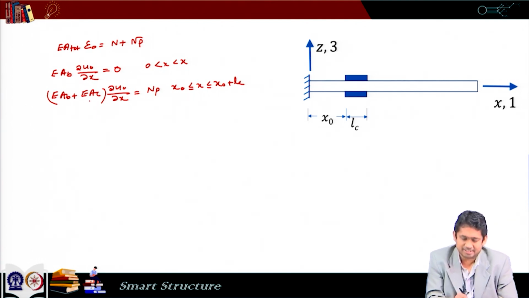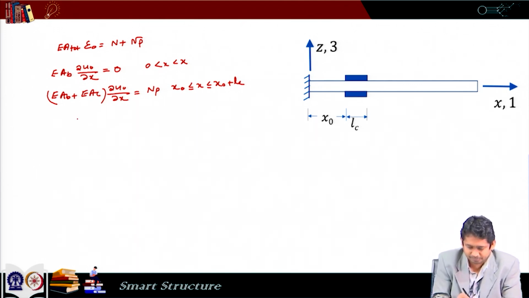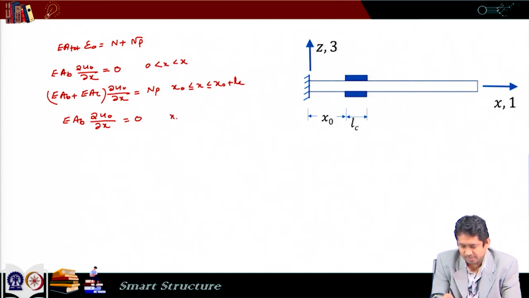Now, please understand here EAC has the contribution from both the piezos, and then again beyond that piezo zone we have EAB del U0 by del x is equal to 0. Here x is more than x0 plus LC.